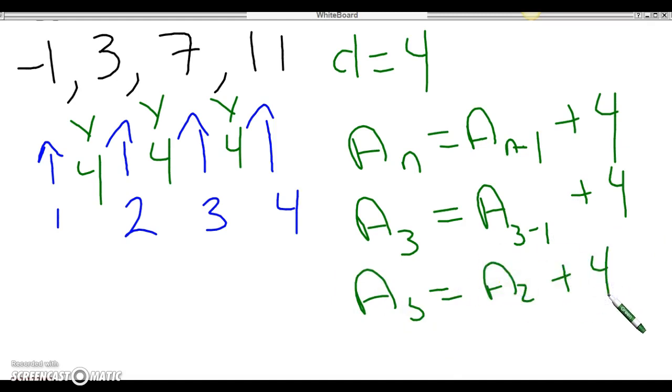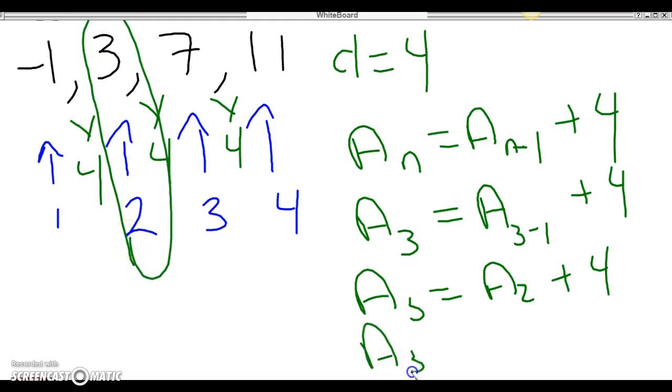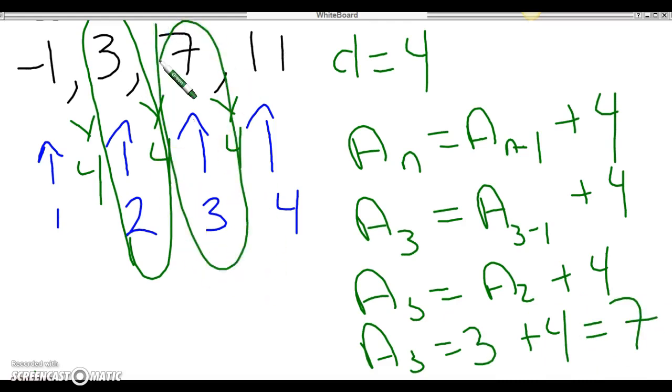So I have to know what my a sub 2 term is, which is 3. So a sub 3 equals 3 plus 4, and that is equal to 7. And this is correct because my a sub 3 term is 7. That was just a real quick review.